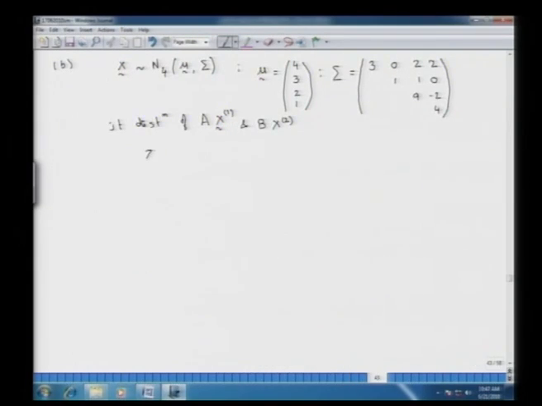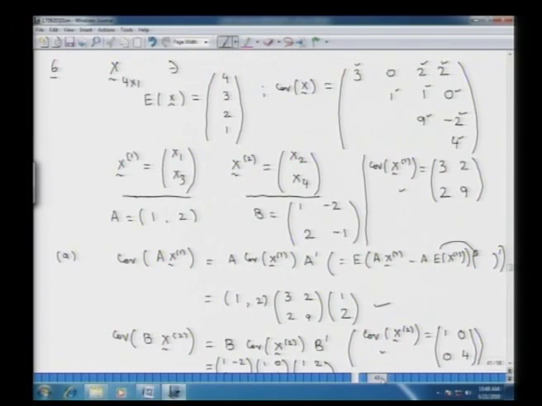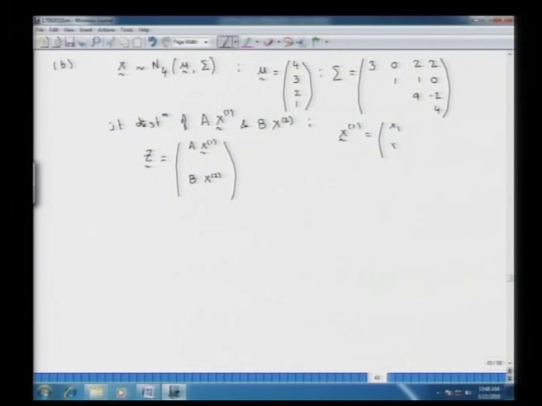Now, in order to find the joint distribution, we define the vector Z, whose joint distribution is required: it has AX1 as the first component and BX2 as the second component. Let me make it complete: this X1 subvector was X1, X3, the two components, and this X2 subvector is X2 and X4.